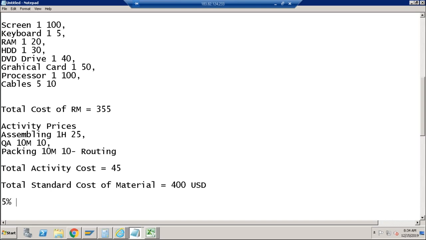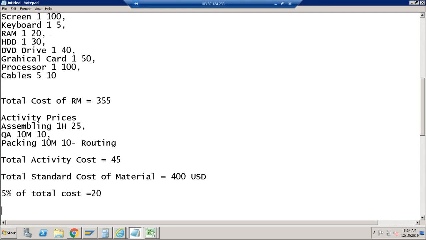So 5% of total cost is equal to 20. So 20 would be added as an overhead cost. So this will become 420 USD because we added the overhead of 20 here.